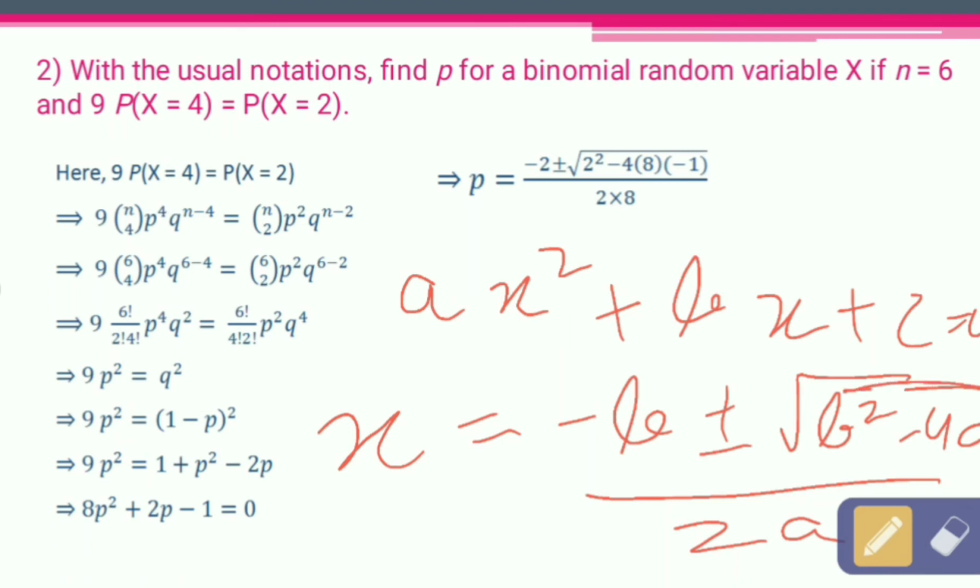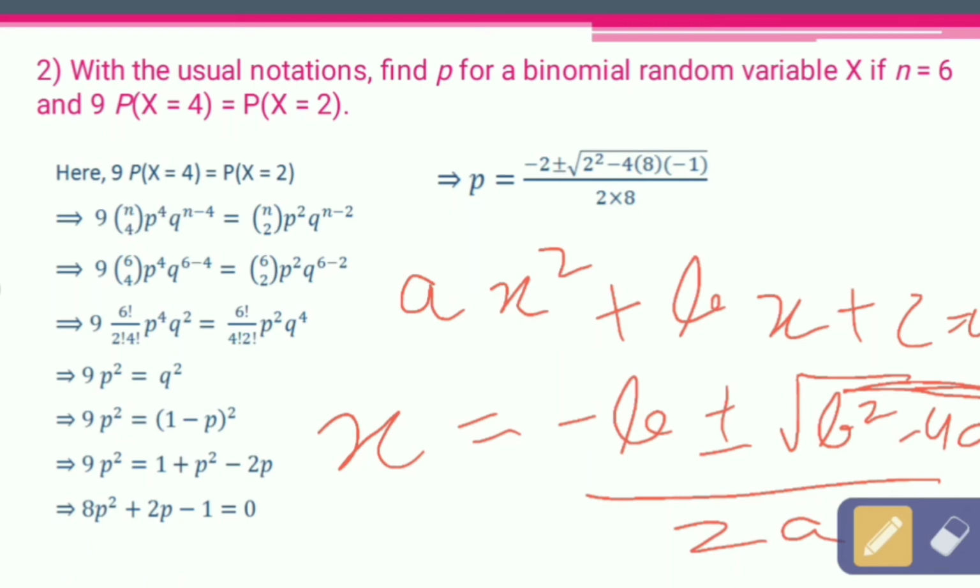Here b is the coefficient of x. Instead of x here we have p, so the coefficient of p is 2. So minus 2 plus minus under root b square, 2 square, minus 4a.